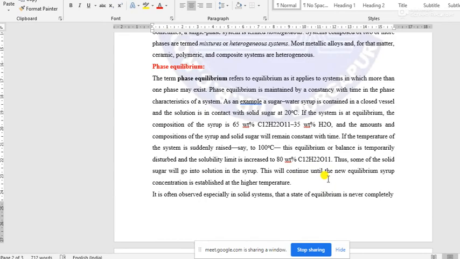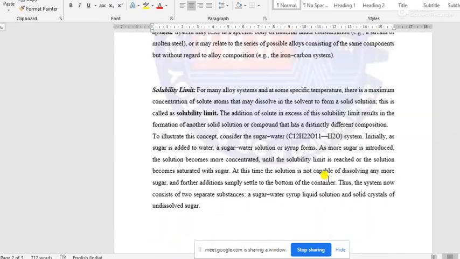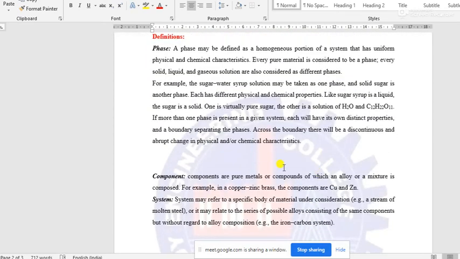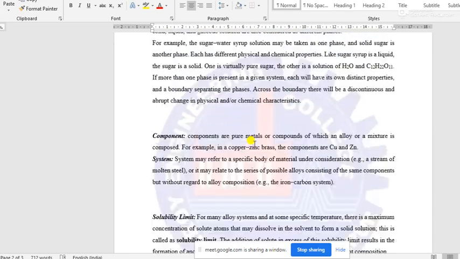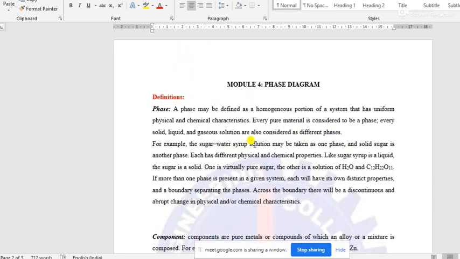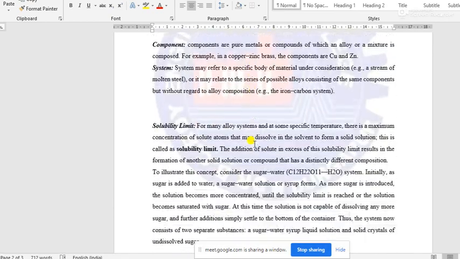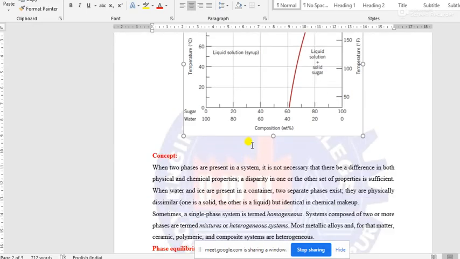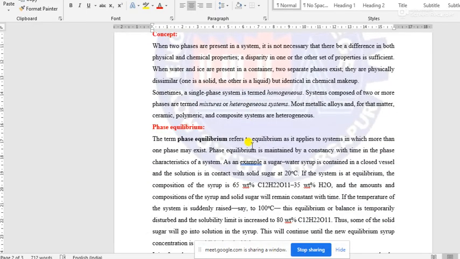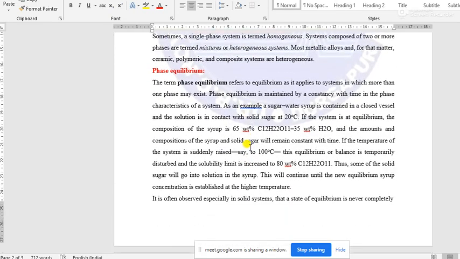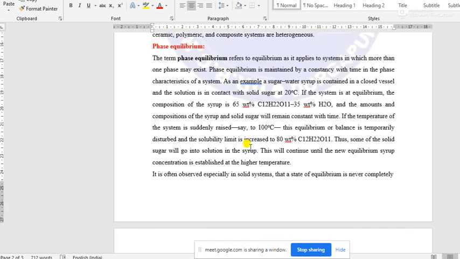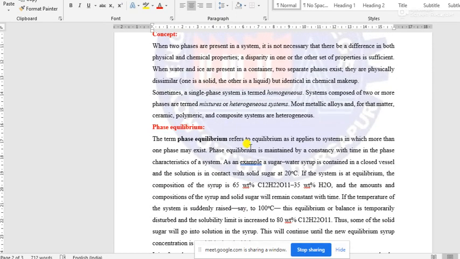And this is all about the concept of phase. Actually, I have not started the phase diagram yet. This was the concept and definition of phase, components of a system, solubility limits and solutions, and phase equilibrium. Phase equilibrium is related to the energy of the system.